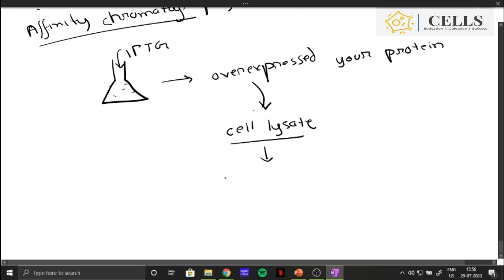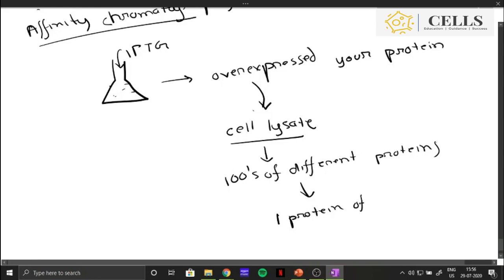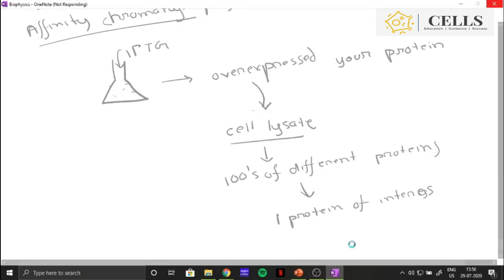This cell lysate contains hundreds of different proteins. Now you need to separate your one protein of interest. Then use affinity chromatography.